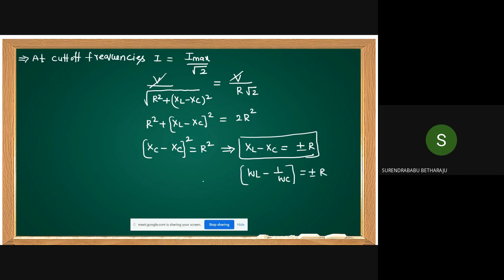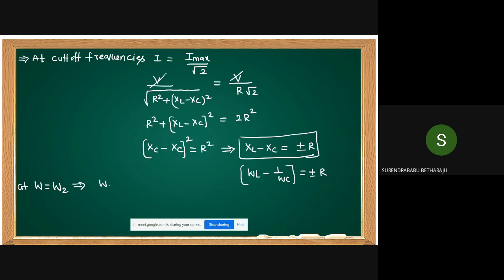Now see, at the upper cutoff frequency, at omega equal to omega 2, which is more dominant, students? Inductance is more dominant. If inductance is more dominant, then this term is greater than this term. This gives the positive resistance. Yes or no?